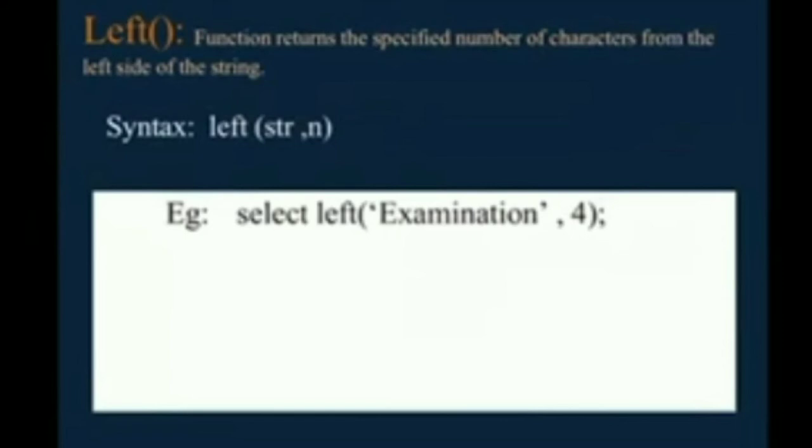Let's understand what this means. The first parameter, str, is the string, and the second parameter, n, is the number of characters that you want from the left side of the string.